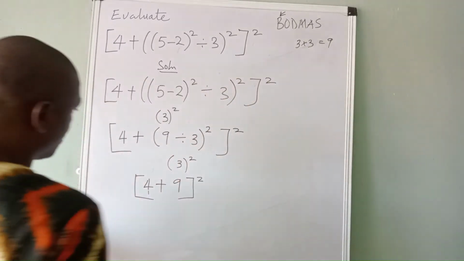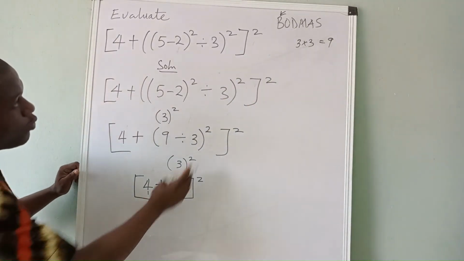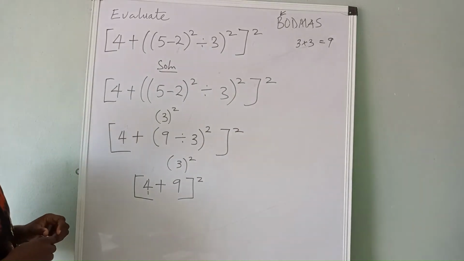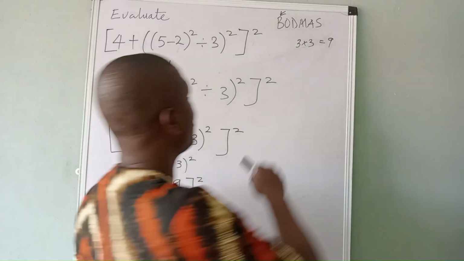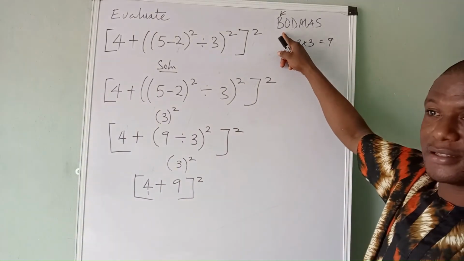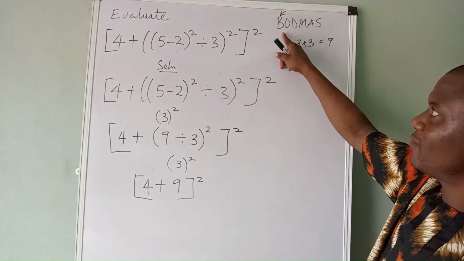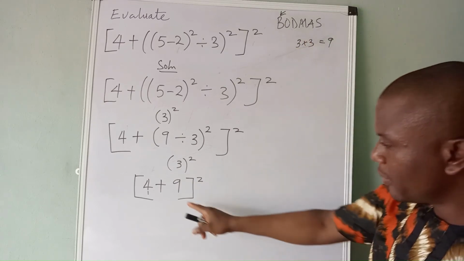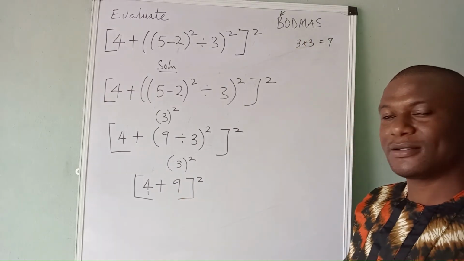So what do we do? We look at BODMAS again to see what next we are to do. And BODMAS is also pointing at brackets. It's saying that bracket must be resolved before going to any other thing. So if you look at this, the bracket is still unresolved.